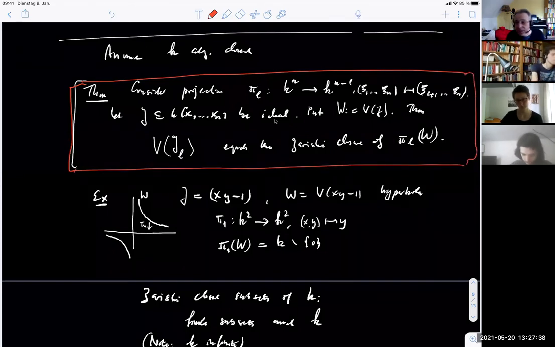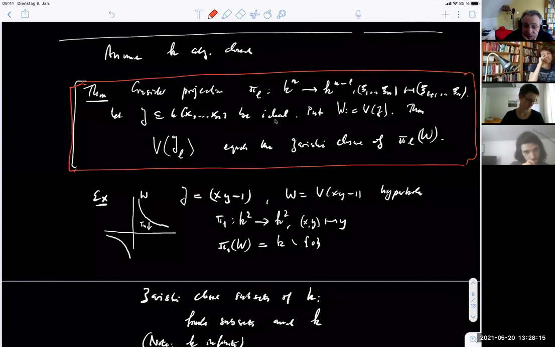You see, why is it important? Let's say you have a polynomial map, a function from k^n to k^m given by polynomials. Then you want to understand the image. If the map is linear, the image will be, say, affine linear, no problem at all. But here in this nonlinear setting, what will it be?